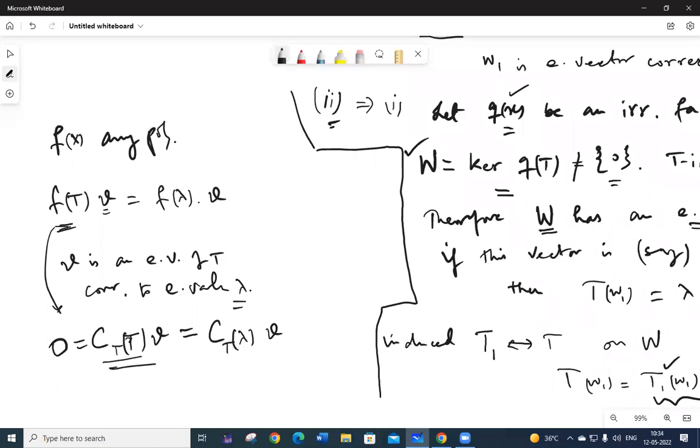Therefore, V is non-zero because this is an eigenvector. That means Ct(lambda) is 0. That means lambda, whatever the eigenvalue, would be a root of Ct(x). And the same fact applies to mt(x). This lambda is also a root of mt(x).